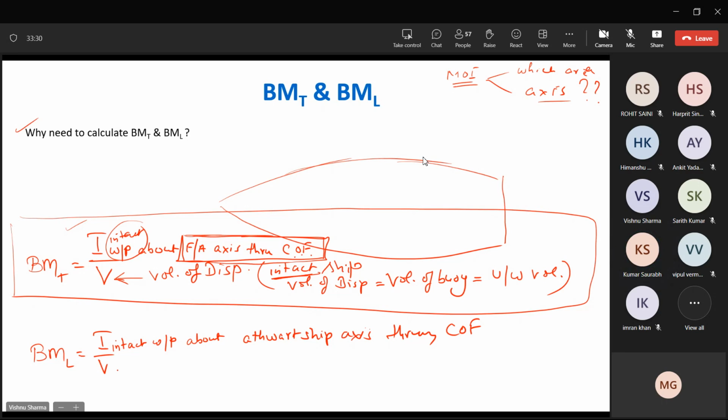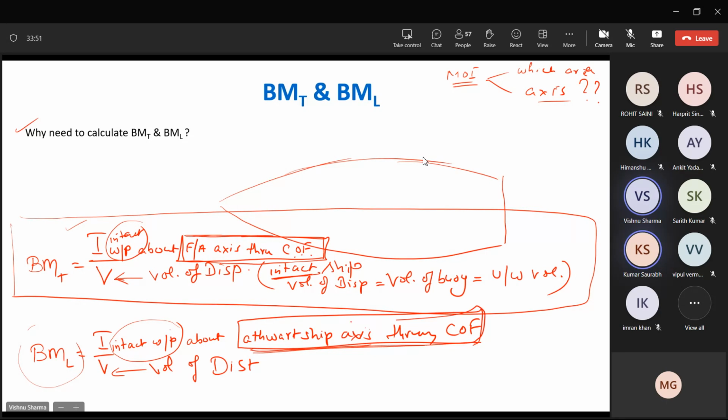And V is same as volume of displacement. So in BML, the area of interest is the intact water plane, which was the same for BMT, but the axis is athwart ship and passing through COF. This is the reference axis.